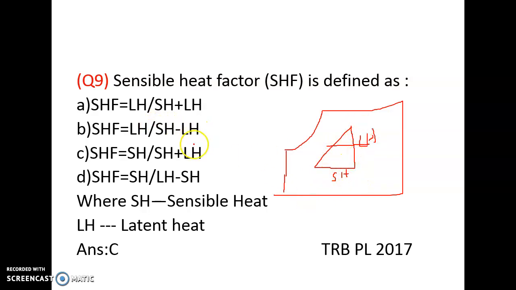Sensible heat factor is equal to sensible heat divided by sensible heat plus latent heat. So option C is correct.